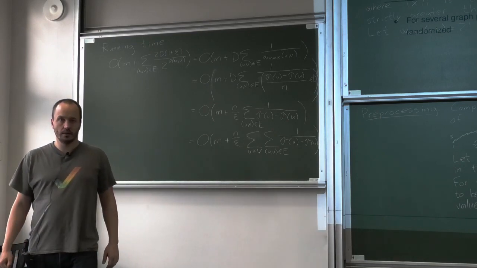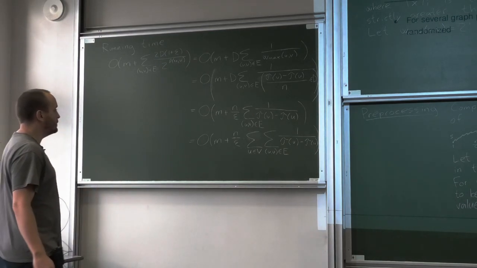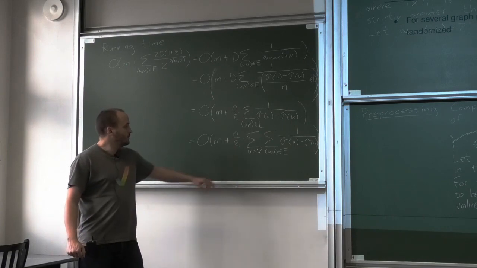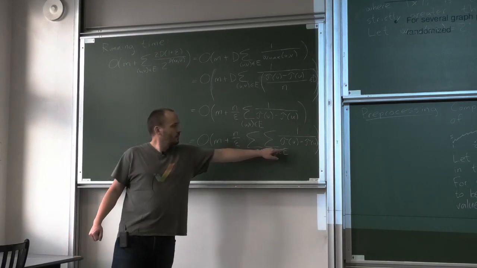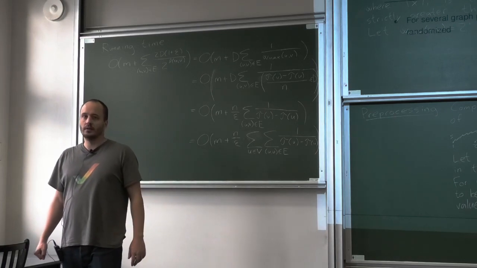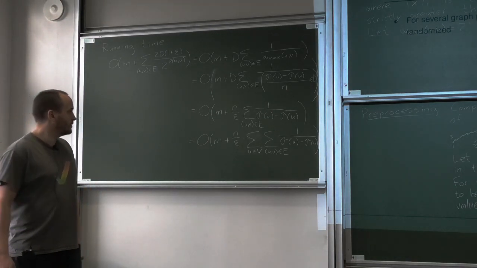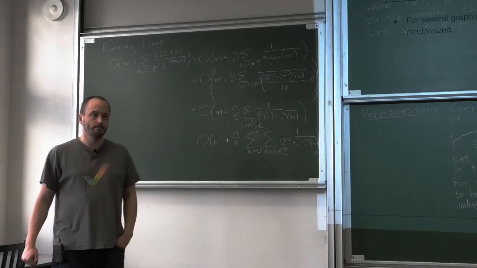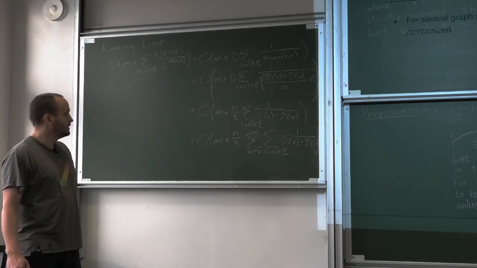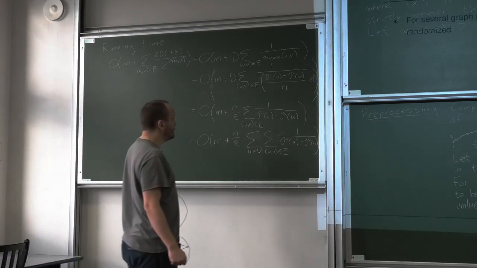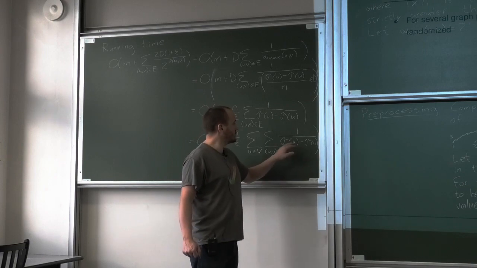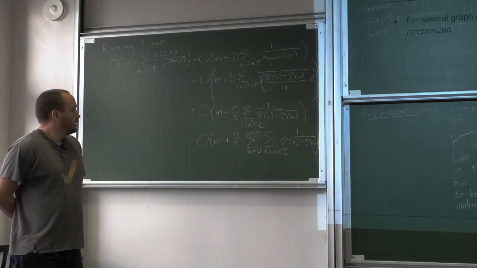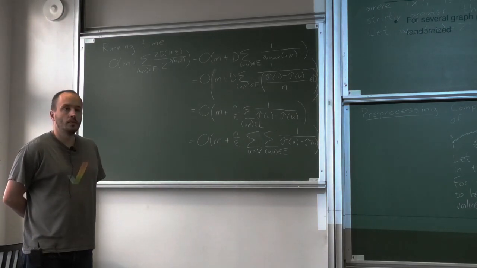So now do you see anything nice here that happens? So for a fixed u, what can we say about this here? So now tau of u is fixed, right? So can we give some bound on this sum here? N minus 1?